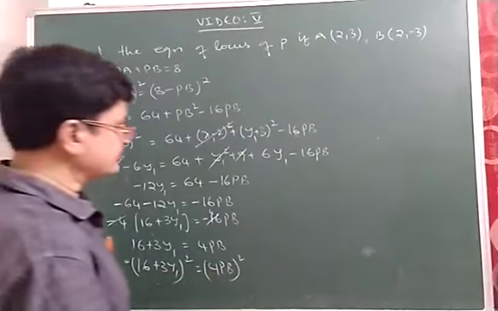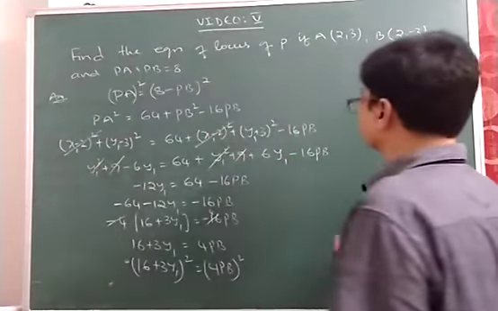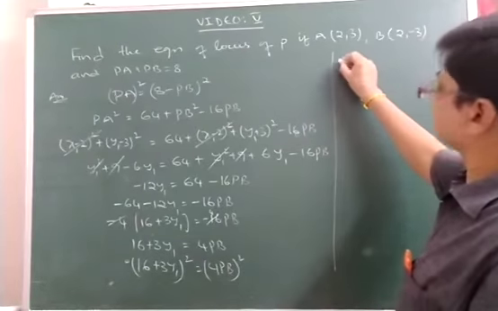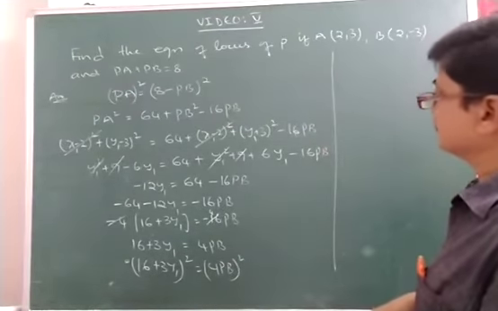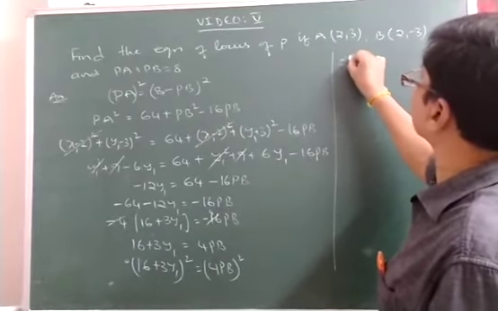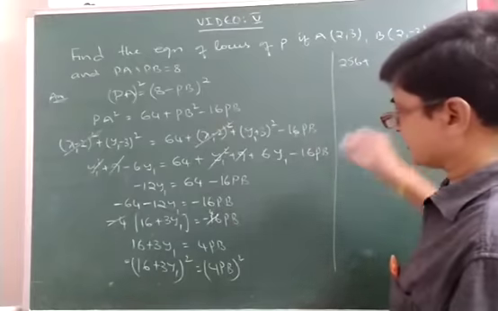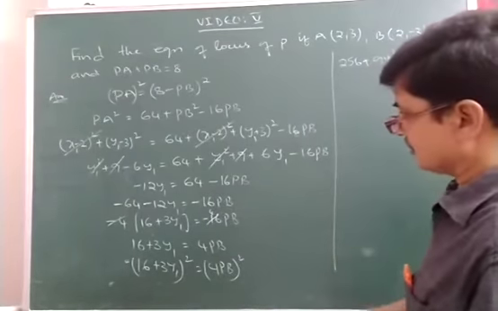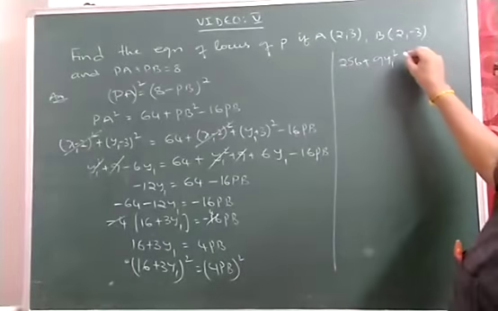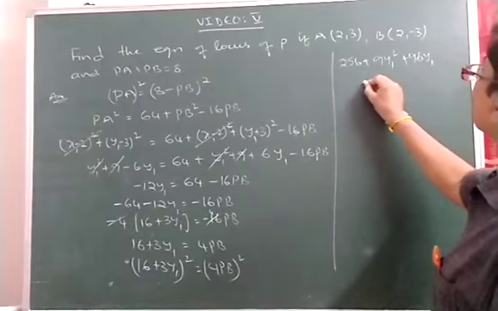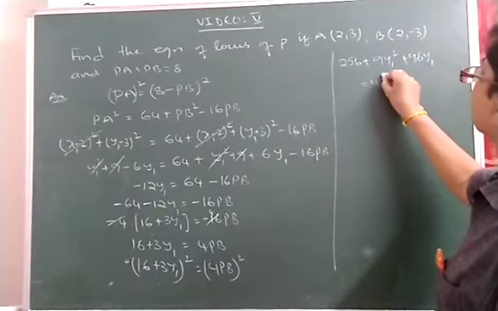Now expanding, that is equal to, now expanding, 16 whole square is 256 plus 9 y1 square plus 96 y1 is equal to 4 into PB square.